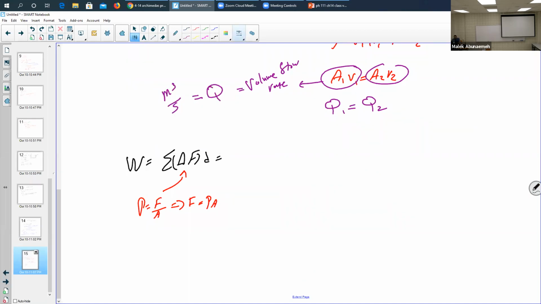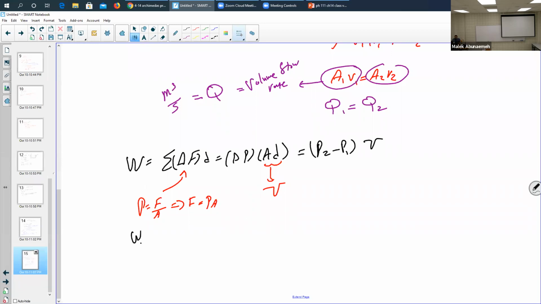So this is going to equal your delta P multiplied by your area multiplied by your distance D, or height. Height is a distance, and these two form your volume. So this one's going to equal P2 minus P1 multiplied by your volume.